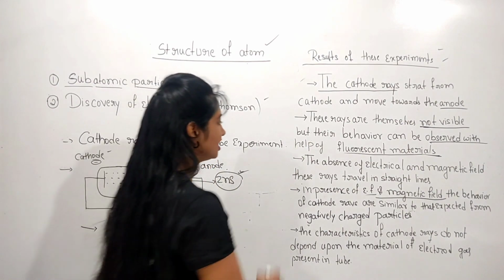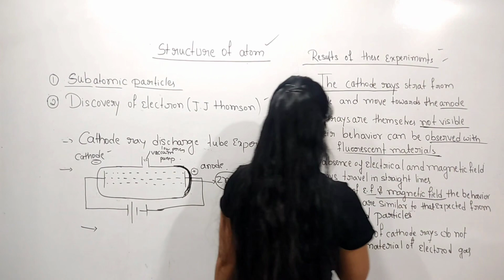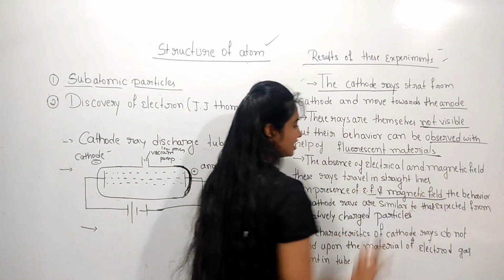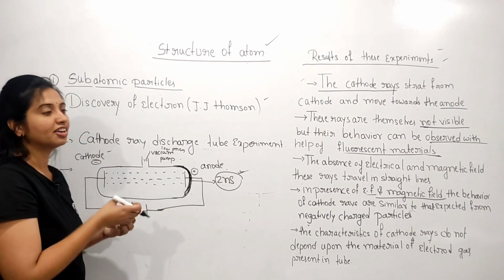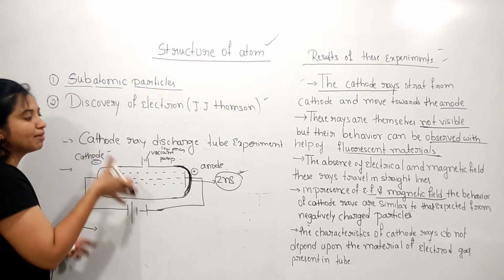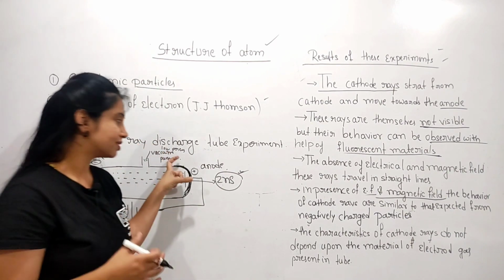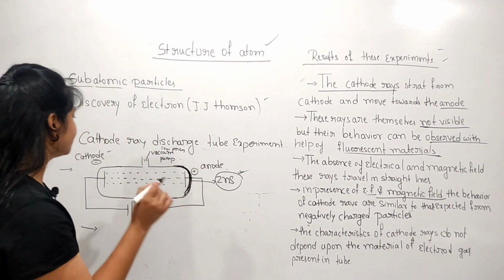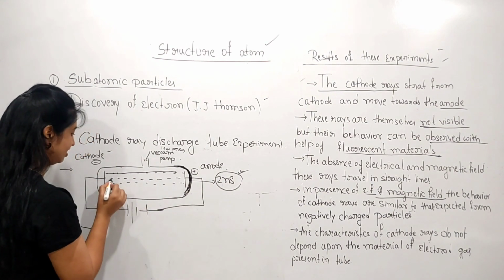The third characteristic is about the absence of electric and magnetic fields. These rays travel in a straight line if you don't apply an electric field or a magnetic field, that is, in the absence of both fields, these rays move in a straight line.